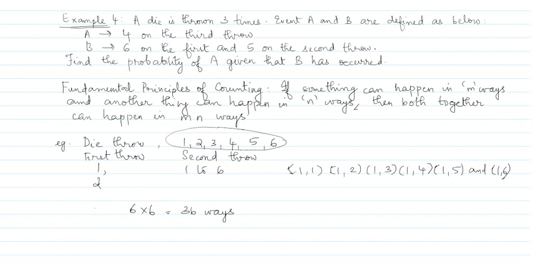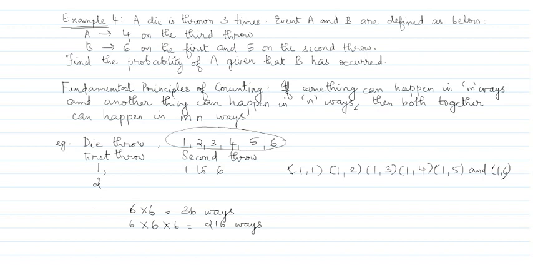So, if you throw a die 3 times, how many different outcomes will be possible? 6 into 6 into 6, which will give you 216 ways, which means your sample space has 216 outcomes.